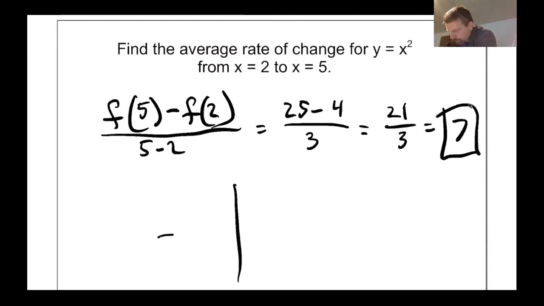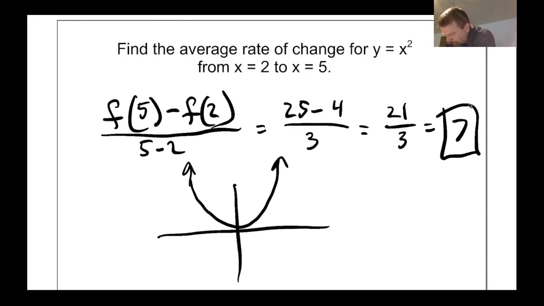Again, if you wanted to see it graphically, here's x squared. If I put a 2 in, I end up at a 4. If I put a 5 in, I end up at a 25. And that average rate of change is the exact same thing as the slope between those 2 points.